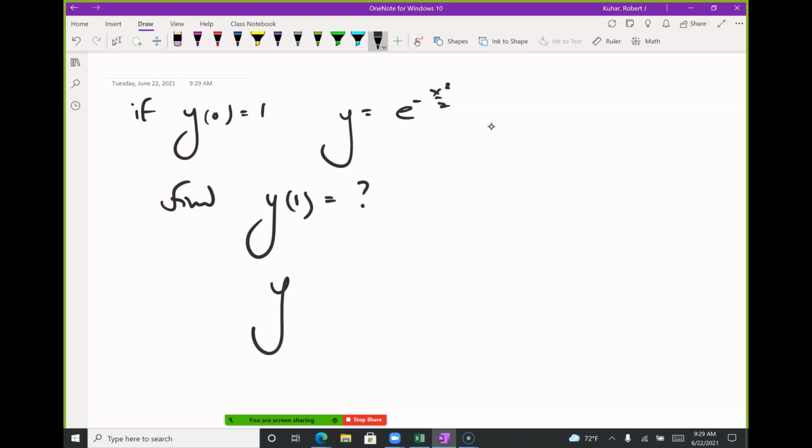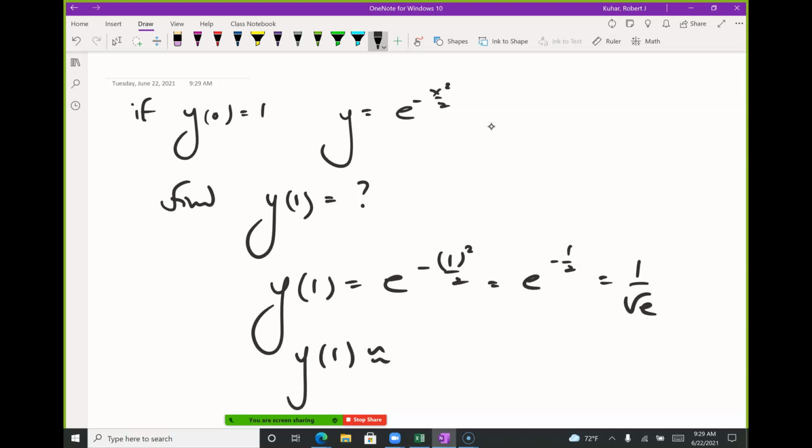Easy, right? y of 1 is simply e to the minus 1 squared over 2, which is e to the minus 1/2, which is 1 over square root of e. And I can get an approximate value of that.